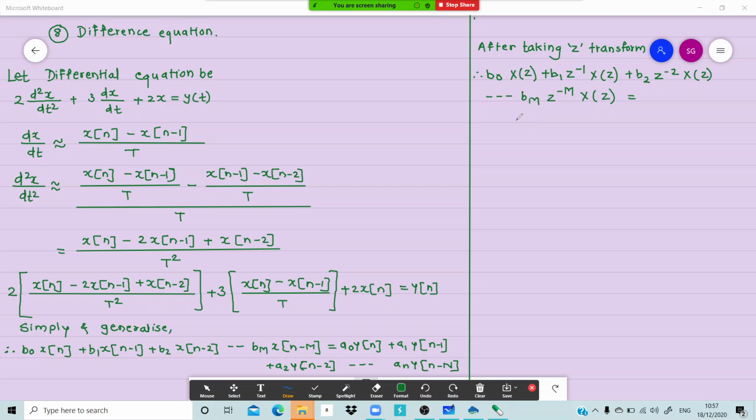is equal to, now I am writing for right hand side, so it will be a naught Y(z), a1 z raised to minus 1 Y(z), right? Then plus a2 z raised to minus 2 Y(z), and will continue till An.